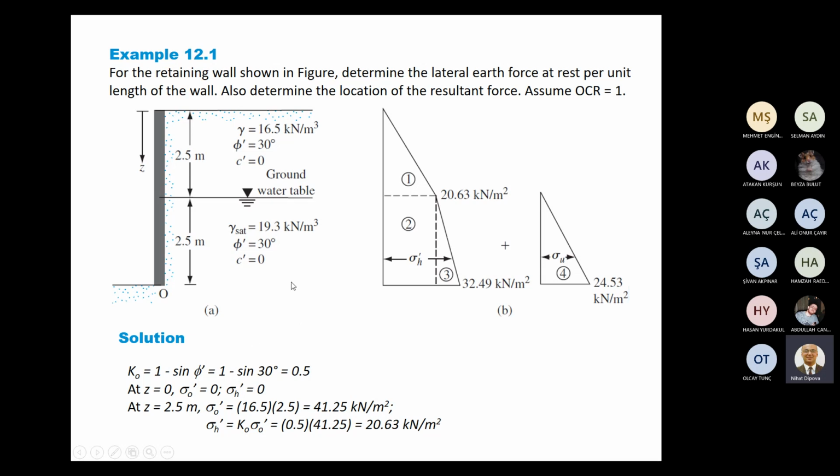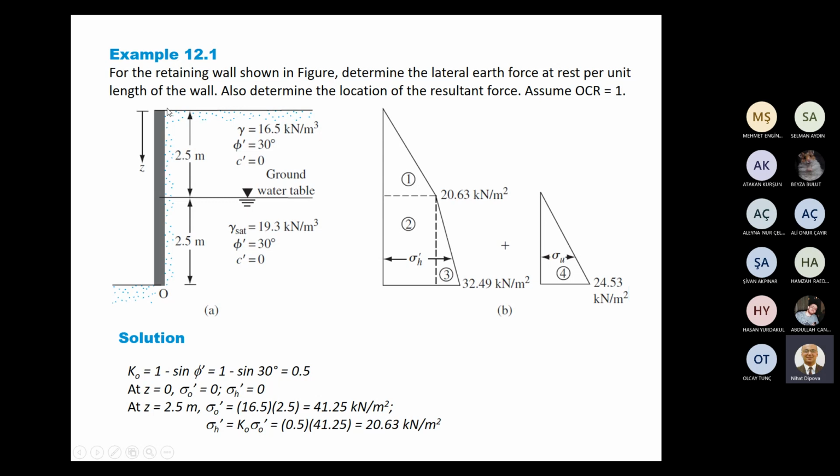And also we will determine location of resultant force. Assume that it's normally consolidated soil, OCR 1. Soil parameters are given below groundwater table and above groundwater table.